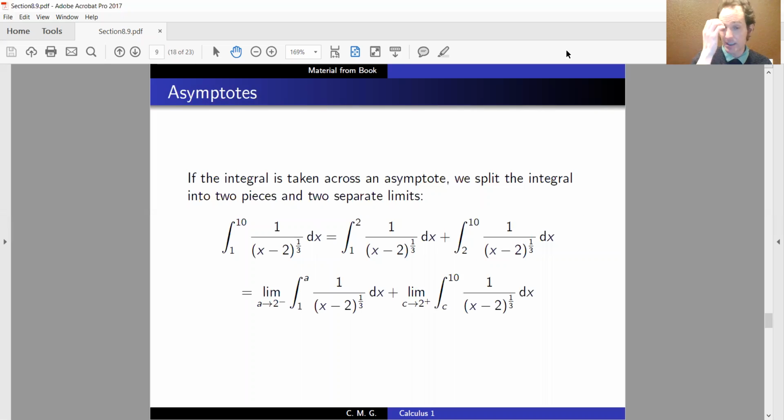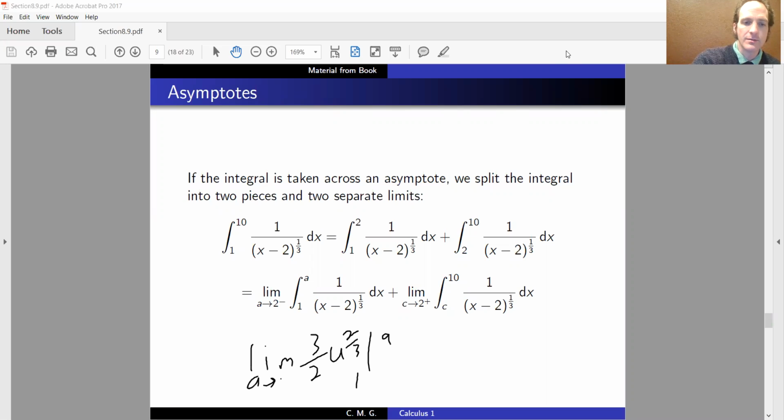I do a u substitution in here, let u equal x minus 2, du is dx, so I'm happy with that. The antiderivative of u to the 1/3 is just going to be 3/2 u to the 2/3, evaluated between 1 and a, limit as a goes to 2 from the left.